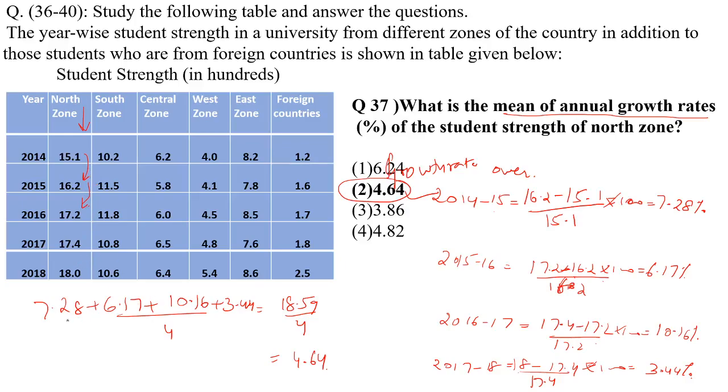What I was saying is, when you take out the mean of the annual growth rate, it is divided by 4, not divided by 5. You should remember this thing, right? Because you are taking 2014 to 15, then 15 to 16, 16 to 17, and 17 to 18. That's why divide by 4, right?